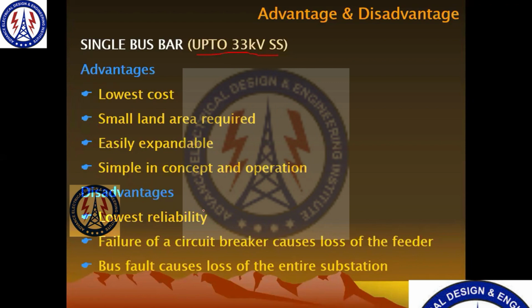Then the disadvantage is lowest reliability with respect to the further bus bar switching schemes that we will discuss in further slides. Failure of a circuit breaker causes loss of the feeder, as we have seen, and a bus fault causes loss of the entire substation.